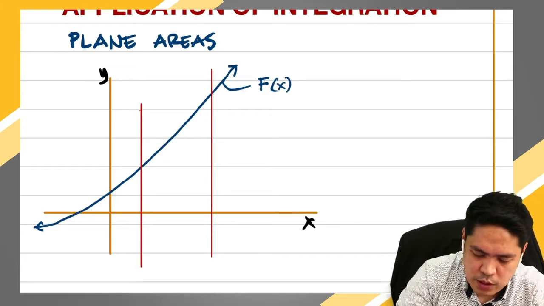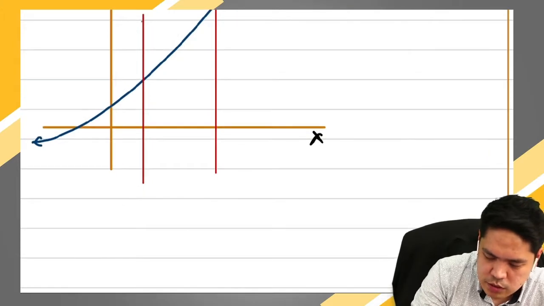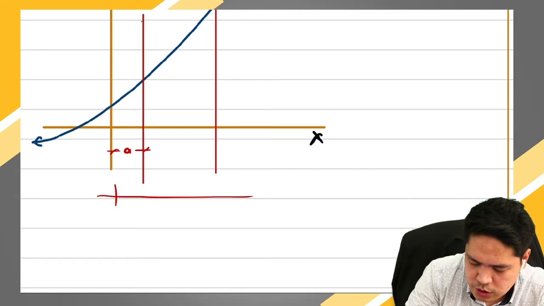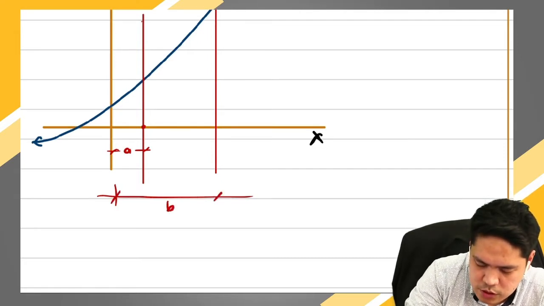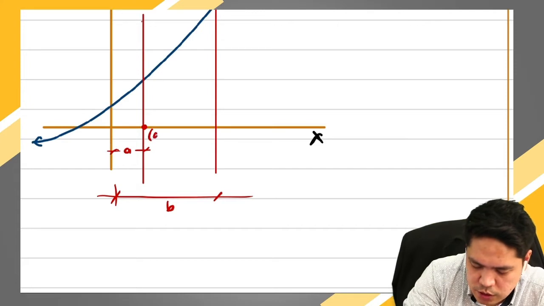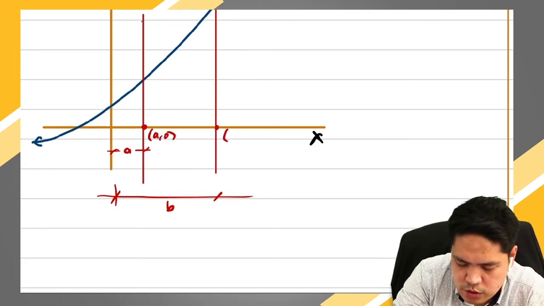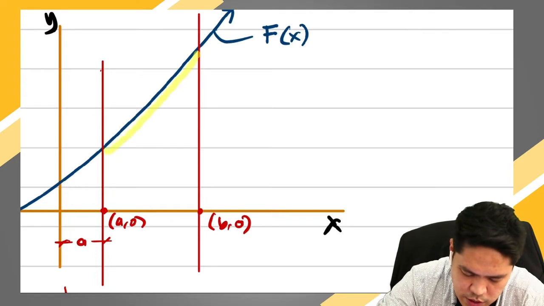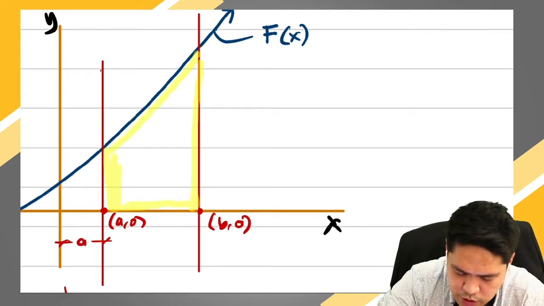Okay, so let's say this distance is a, and from the origin this distance is b. So therefore, the coordinate of this point is of course (a, 0), and the coordinate of this point is (b, 0). We wanted to find out the area under this curve. So let me shade this area. So we wanted to find the area under this curve.